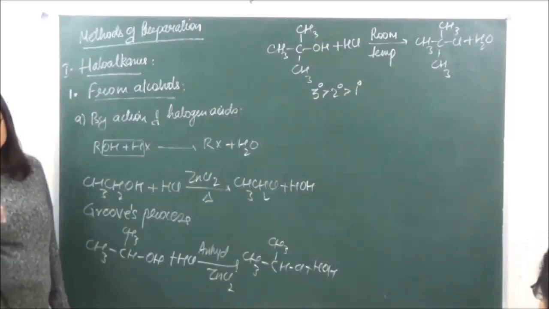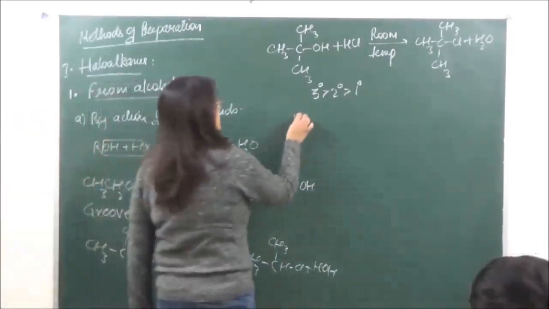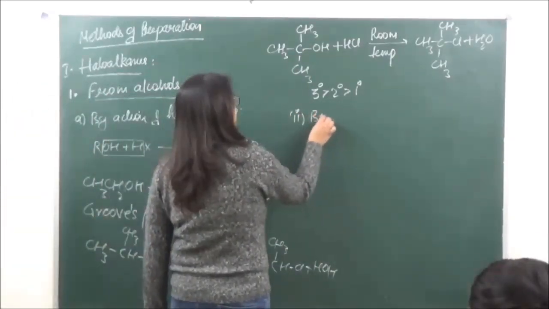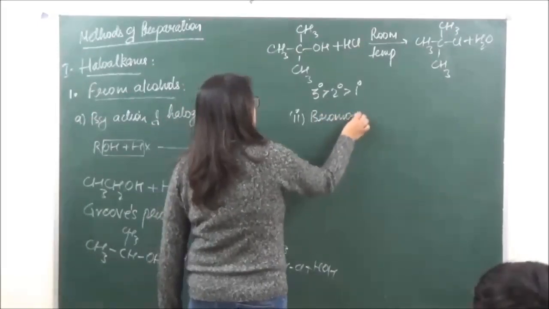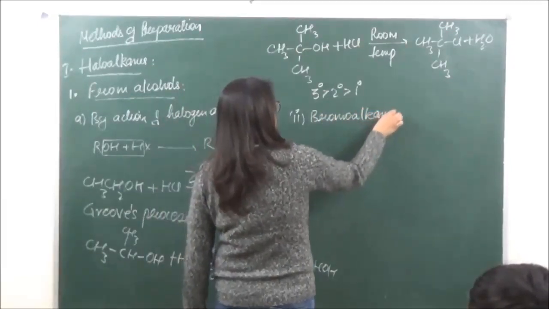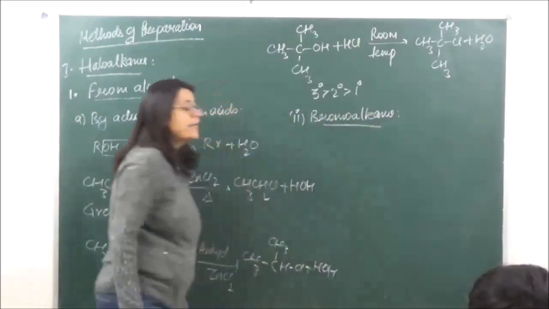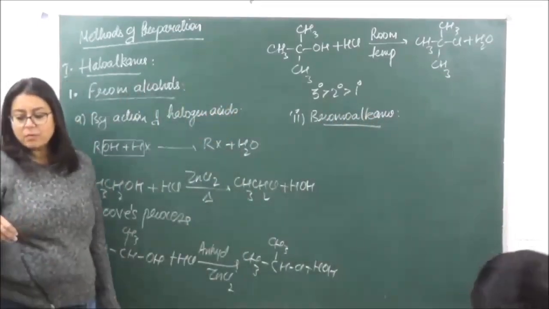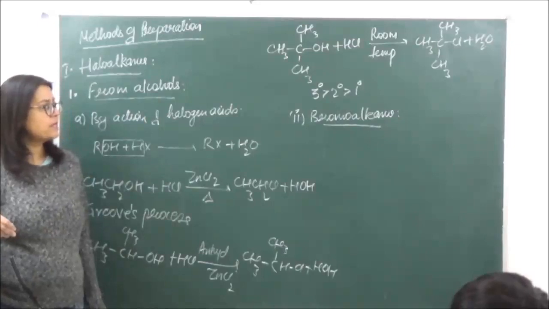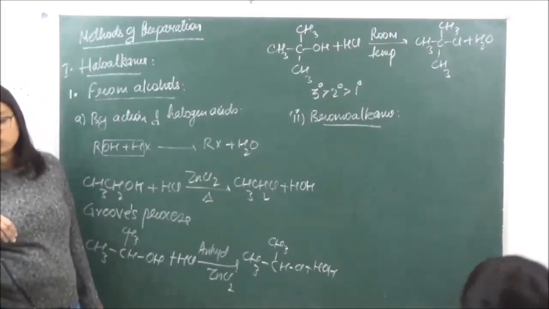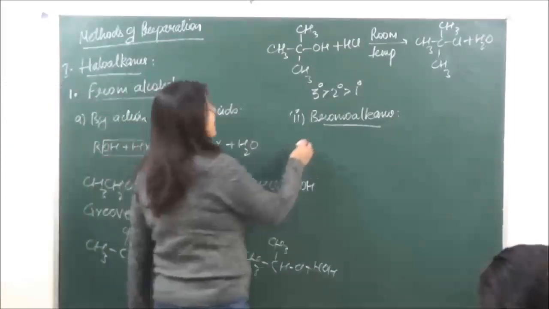Right? Now if we need to prepare bromoalkanes, how do we prepare them? Bromoalkanes are prepared by reacting the alcohol with HBr in presence of concentrated H2SO4 and heating the reaction mixture.